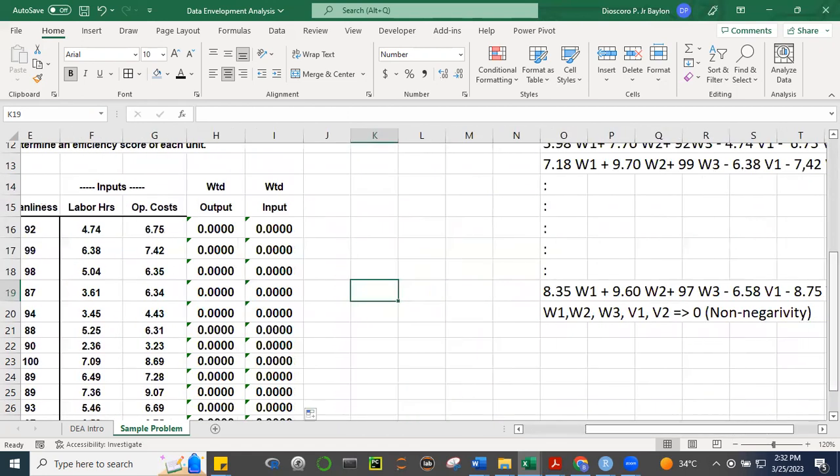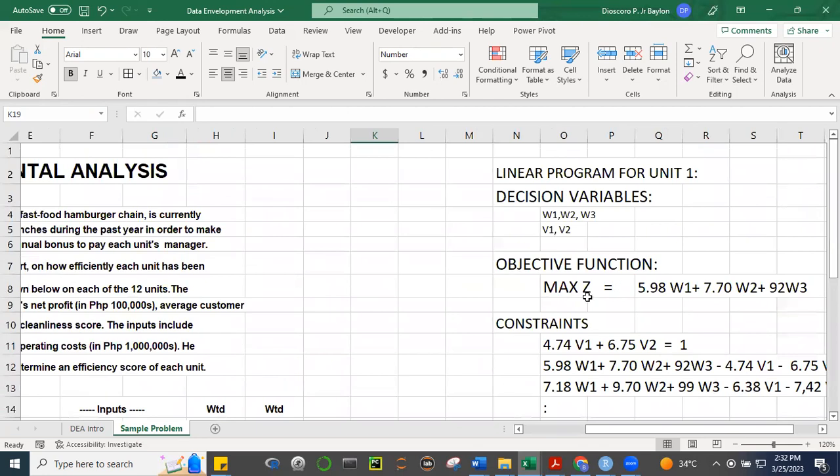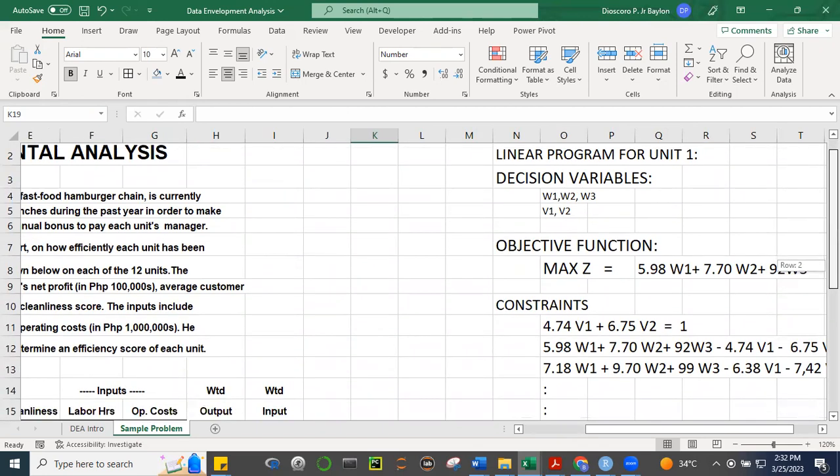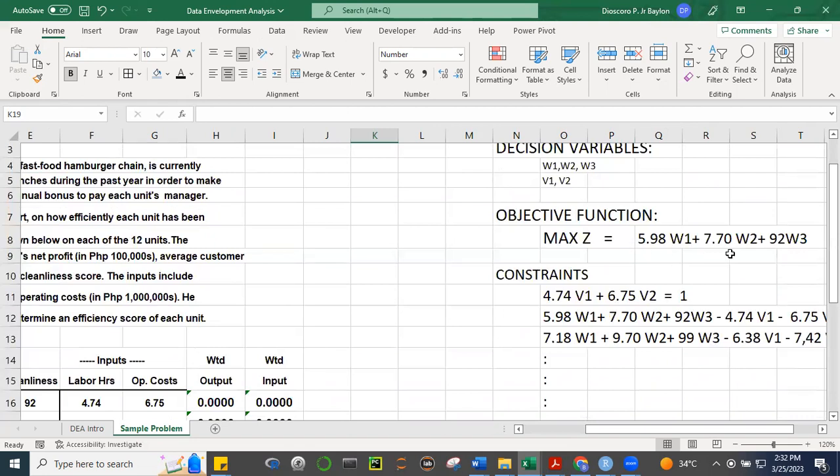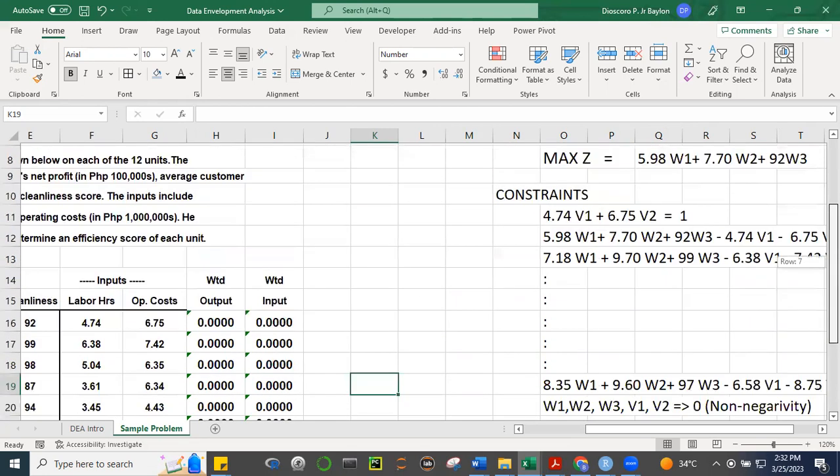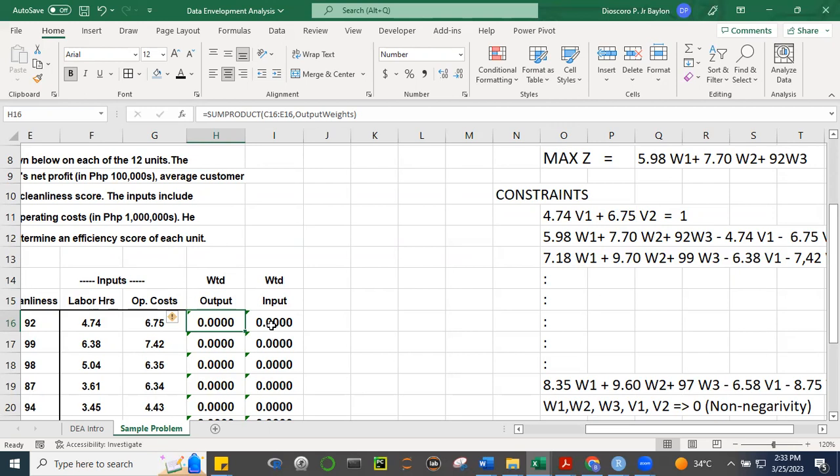If we take a look at our model, so we now have these V's. We actually already have our objective function for unit 1. That's the weighted output for unit 1, which is this one, right? And then also the constraint for unit 1, which is the weighted input, which is this one.